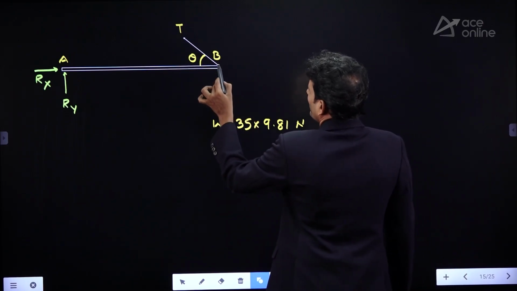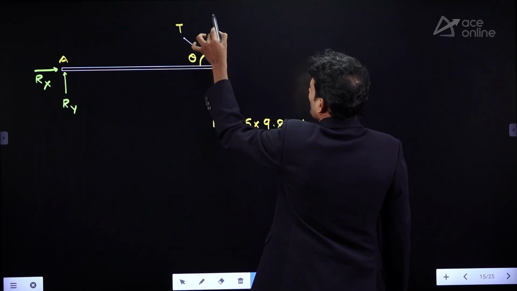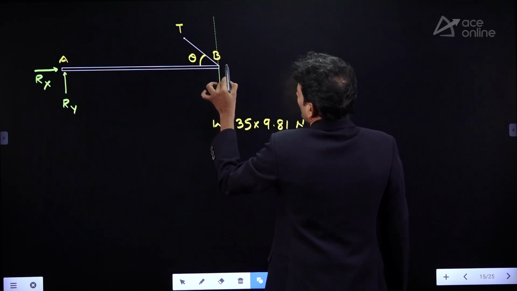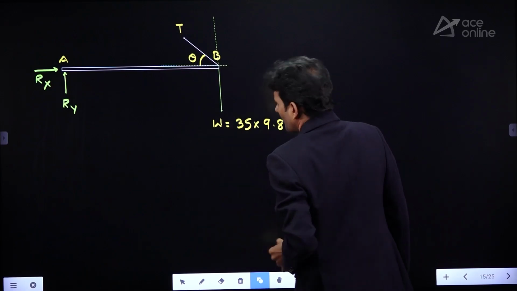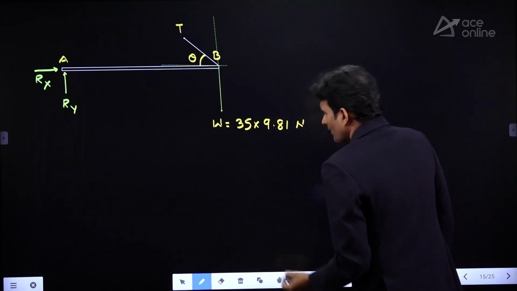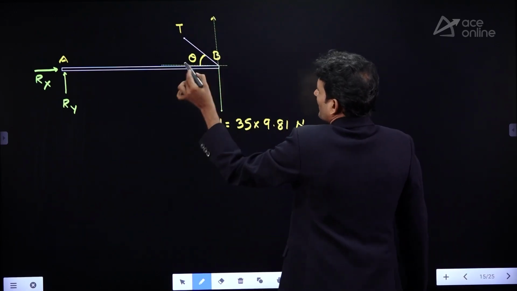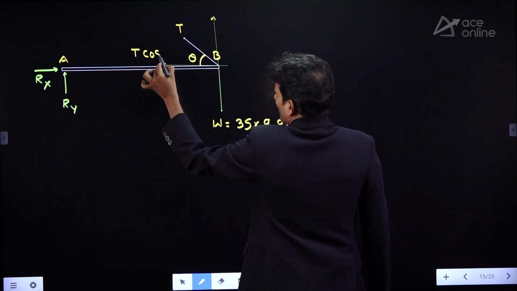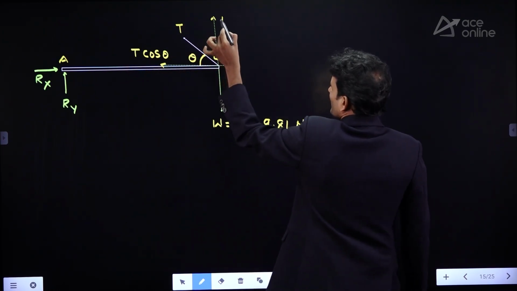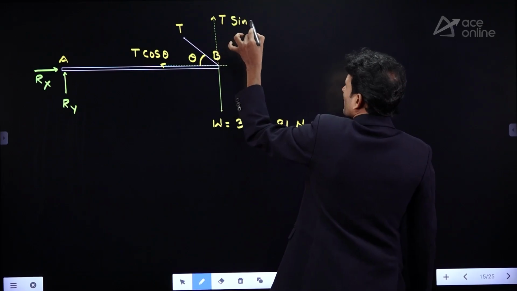Now, this is Y direction we are having, and this is X direction, that string. This is T cos theta and this is T sin theta, the components.